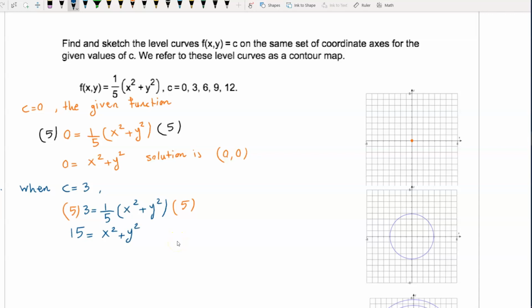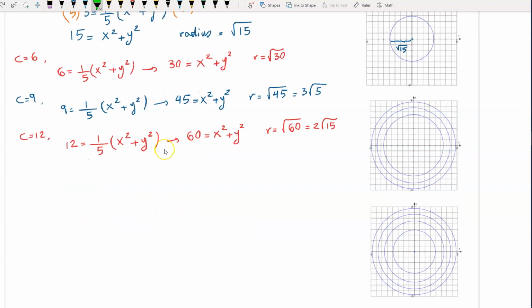So based on what we have here, we have a circle and the center is origin 0, 0, and the radius is square root of 15. And here is our circle based on origin 0, 0, and radius is square root of 15.